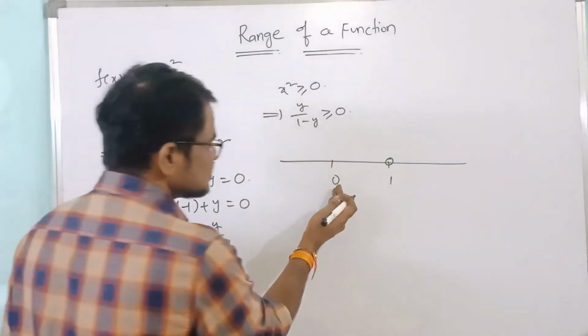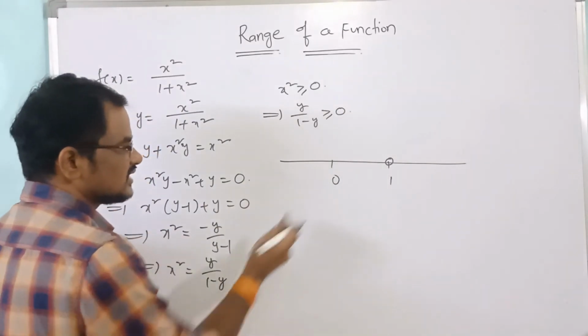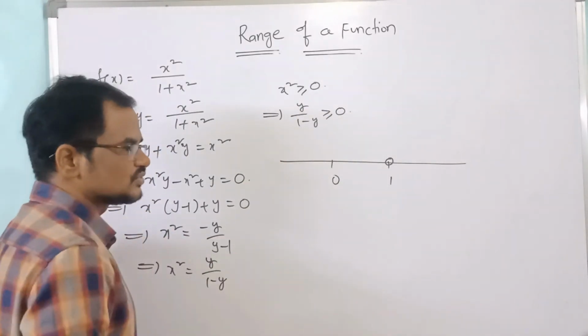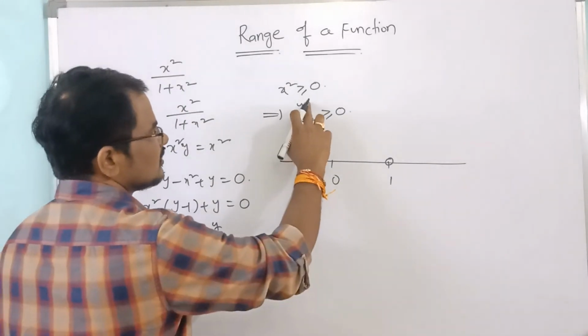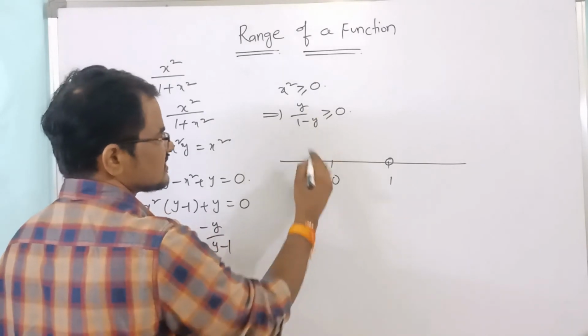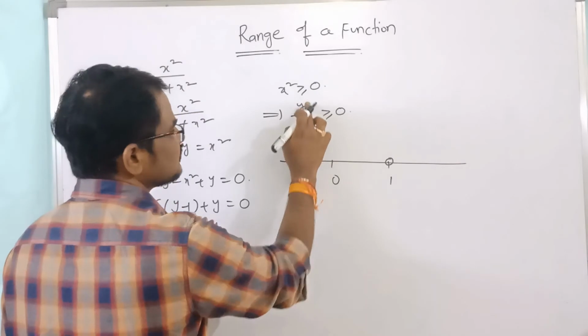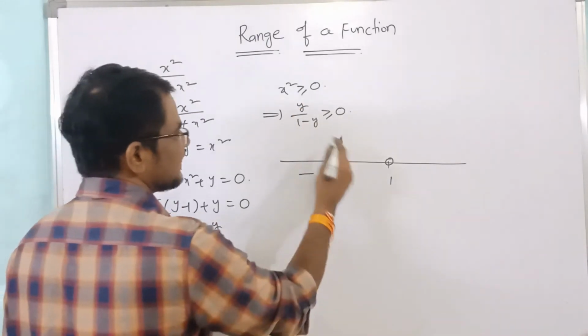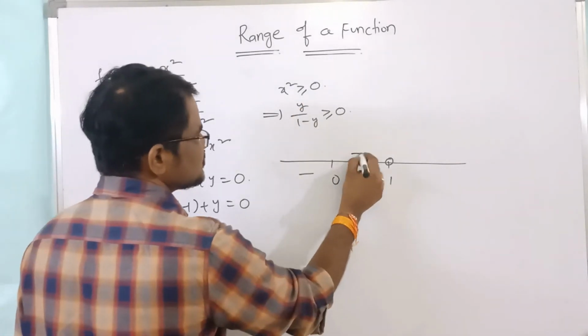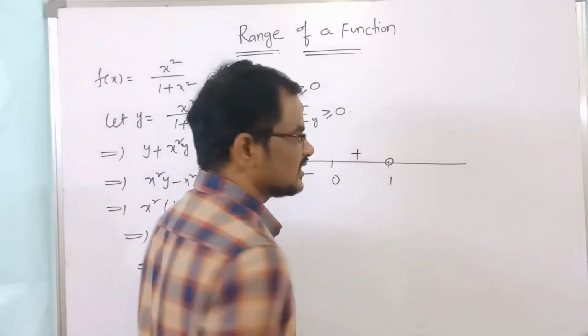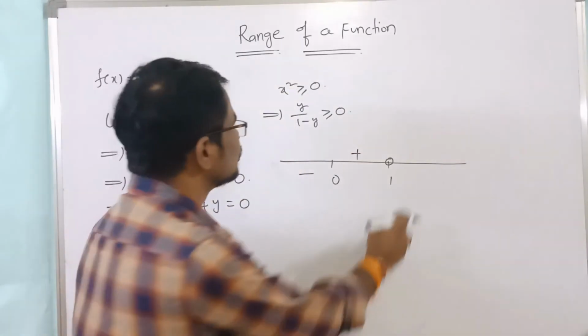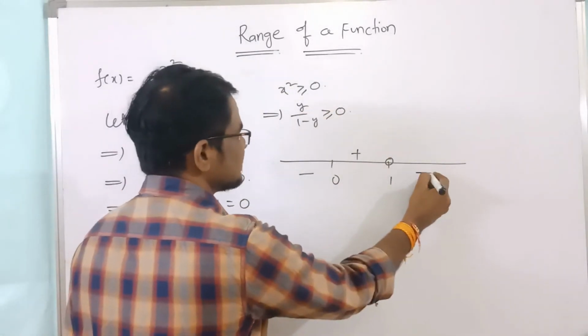Now, by the sign scheme method, less than 0, substitute any one value, minus 1. Minus 1, minus or minus plus, negative. So if you substitute 0.5 by 1 minus 0.5, that means positive. And after the 1, if you substitute any value, 2, 2 by 2 minus 1 means negative.